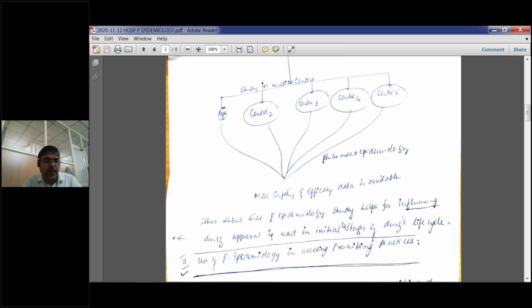During this stage, if you subject the molecule to a pharmacoepidemiological study in a hospital setup, the data collected from such a study plus the data collected in phase 4 can be used for the final approval of the drug by the Drug Controller General. That is where pharmacoepidemiology helps in influencing the drug approval process.